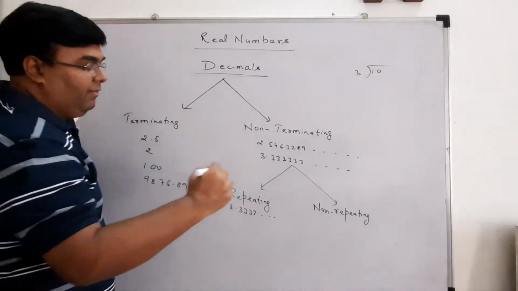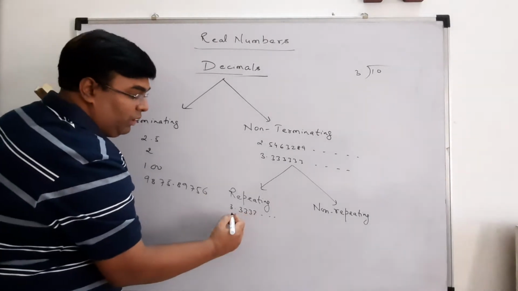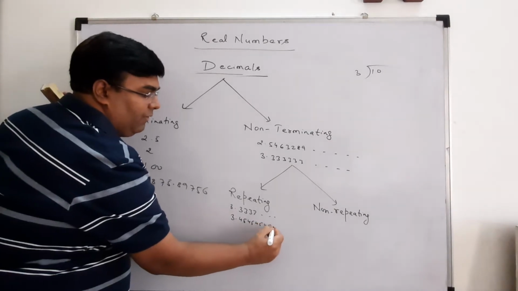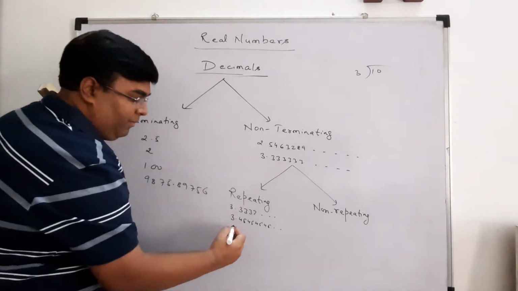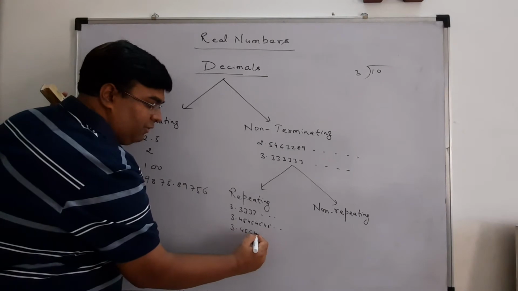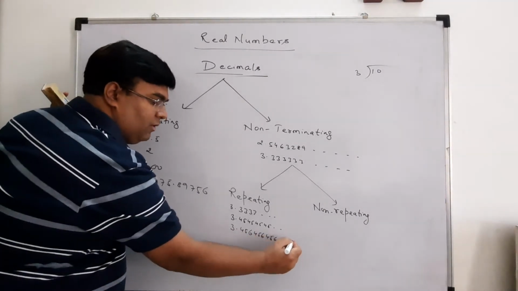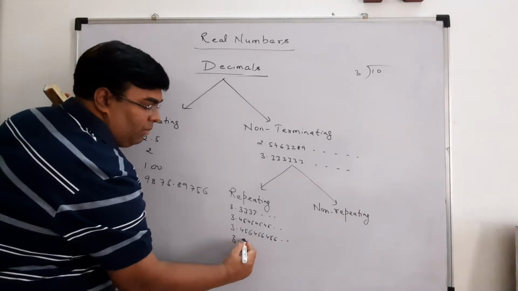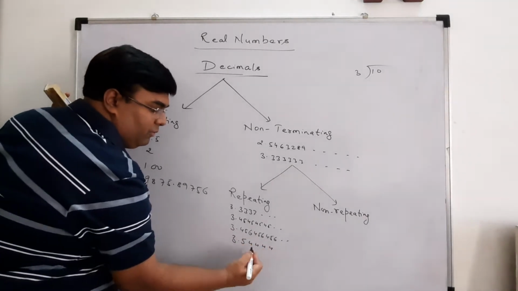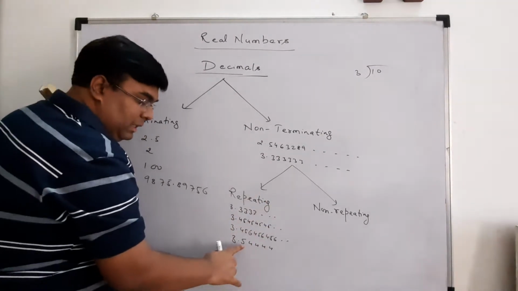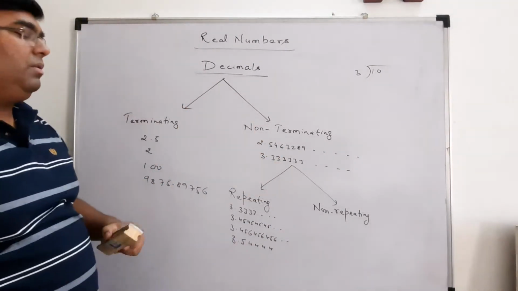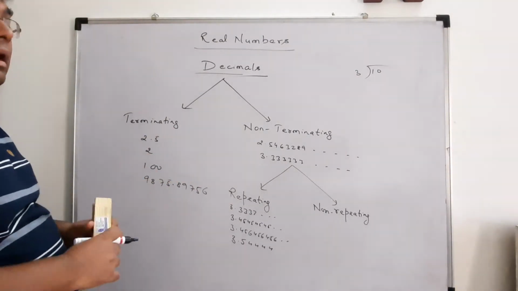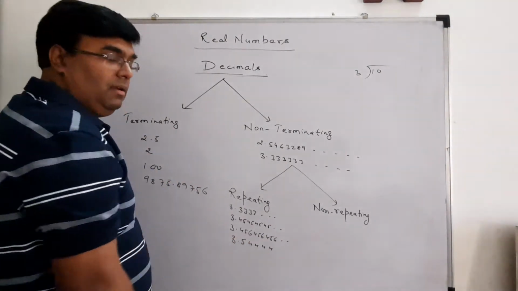It can be one number repeating, or 3.45454545, two numbers repeating, or 456456456, which is also repeating. Or, suppose 3 point one number and then 4444, only one number is repeating but it comes after some other number. So these are all examples of repeating.